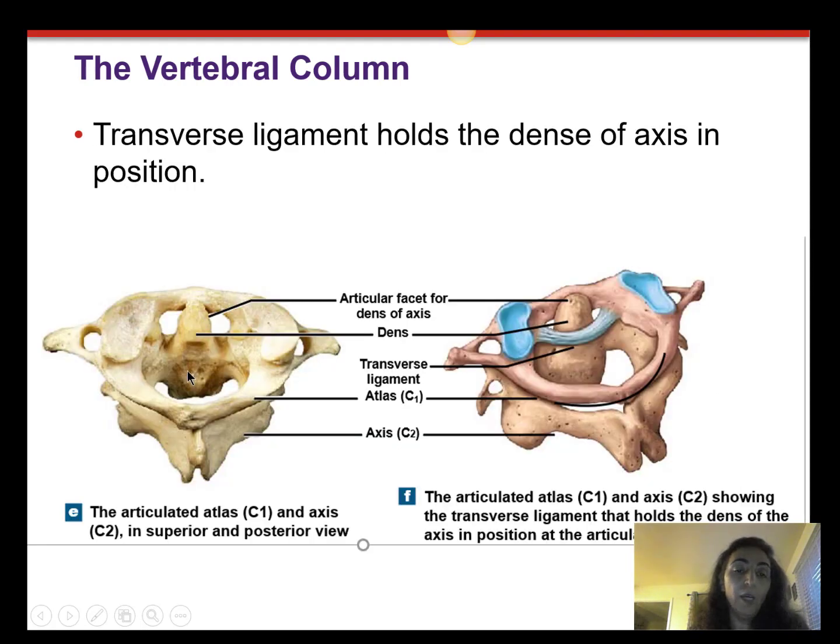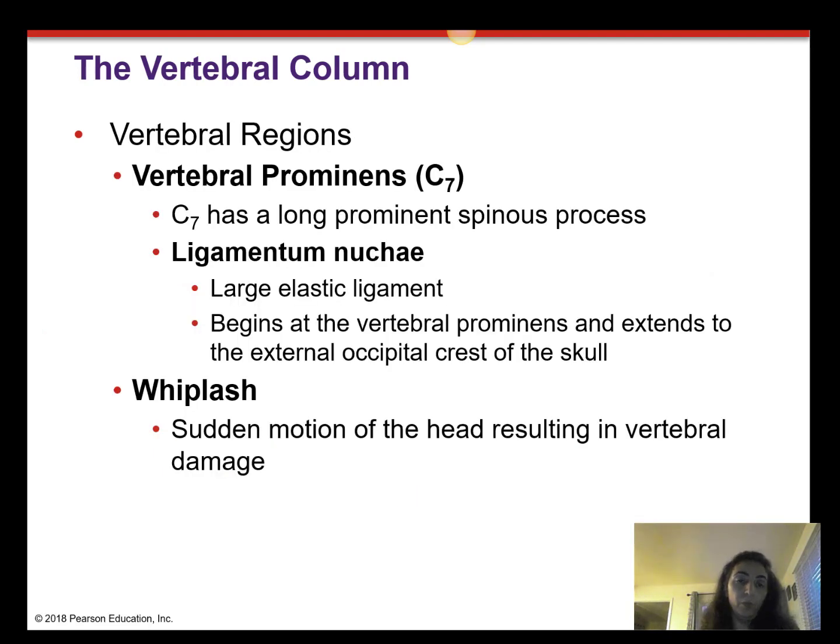And here you see how the atlas, the first one, goes over the axis, the second one, and how the dens of the axis is located here and this transverse ligament here secures the position of the dens, and the way that the atlas and axis are rotating over each other. So that's the positioning of them and how they are moving compared to each other.